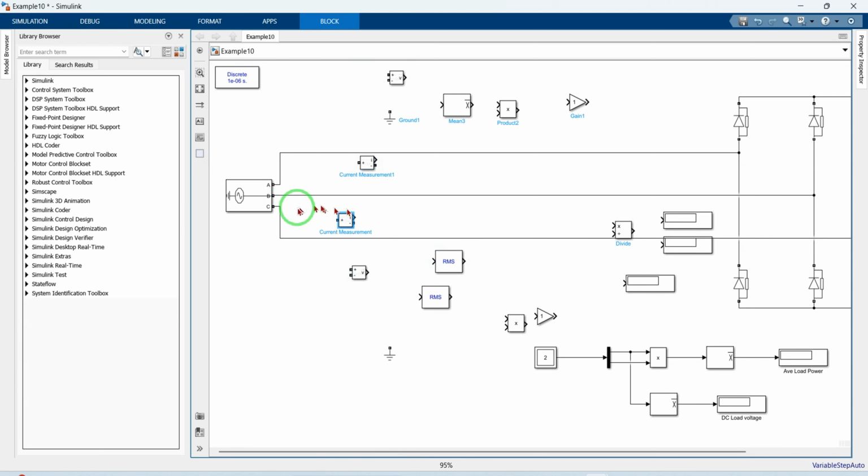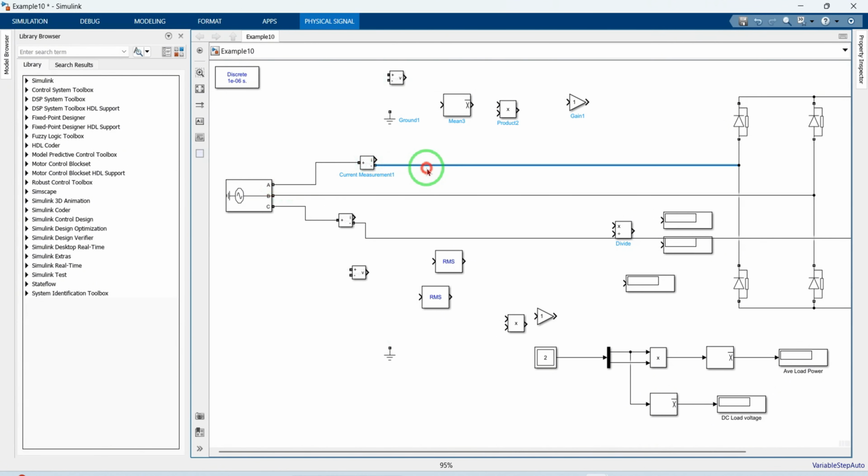Connect one current measurement block in one of the three phases. Connect the other current measurement block in any of the remaining two phases. Connect a voltage measurement block to measure the phase voltage.